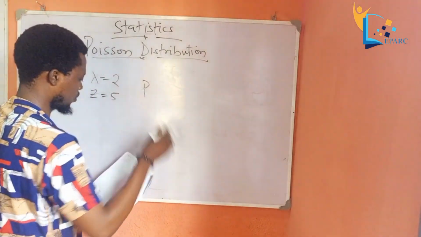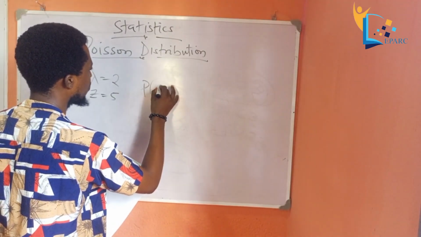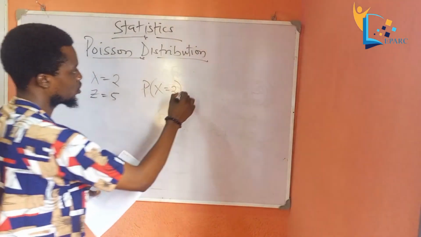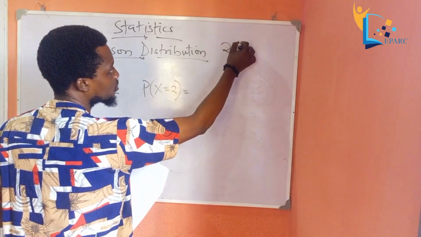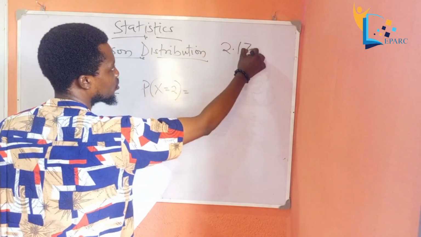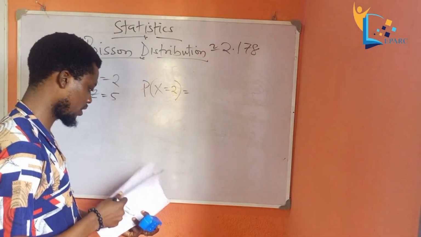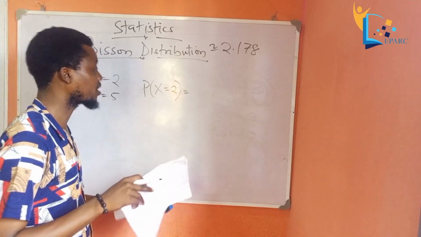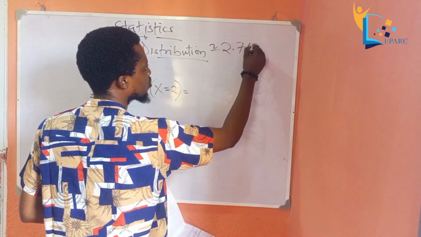We use our formula. So we have P of X equal to Z, which is equal to Euler's function, approximately 2.718, sorry, 2.718, that's the Euler's function.